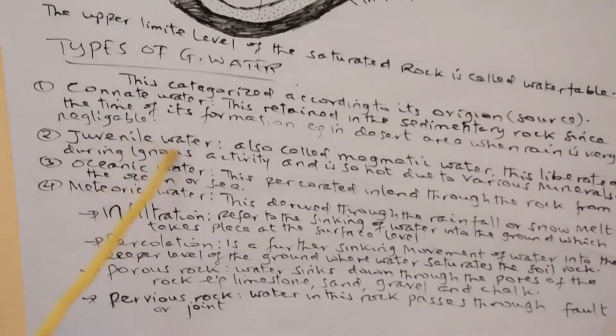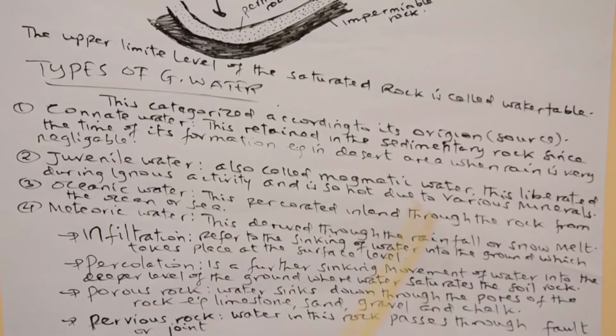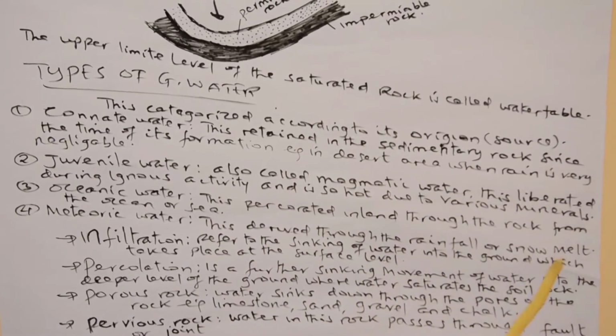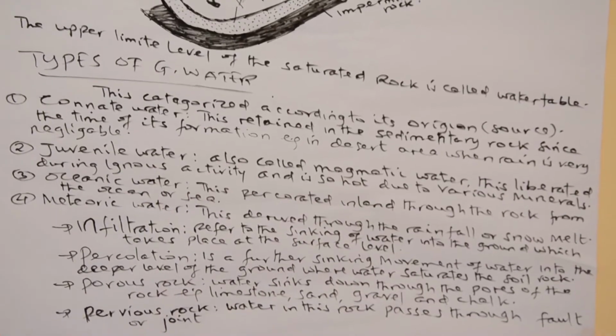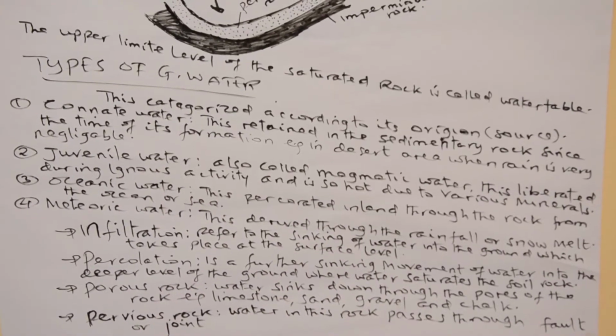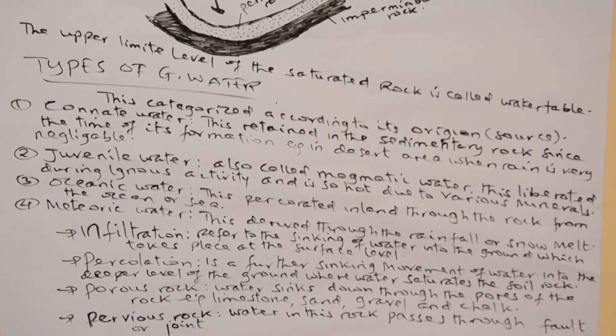Dear students, another type of groundwater is juvenile water, also called magmatic water. This is liberated during igneous activities, and it is so hot due to the various mineralization. Dear students, this is the kind of groundwater which can originate in areas of igneous rock.